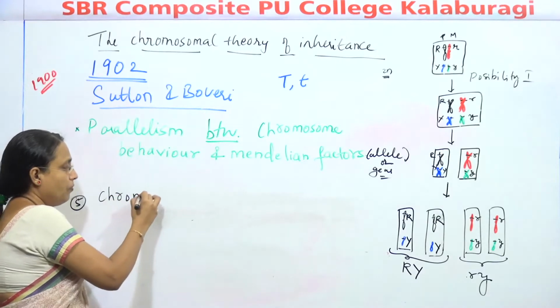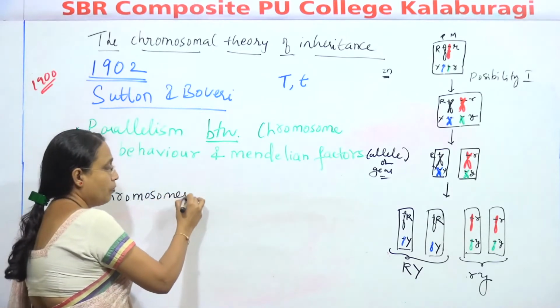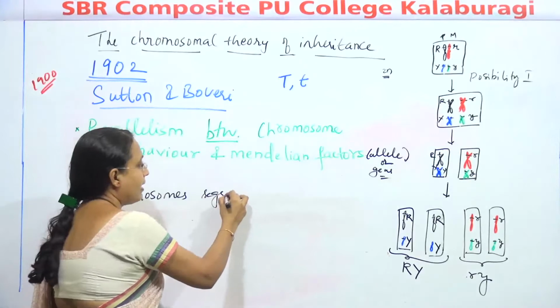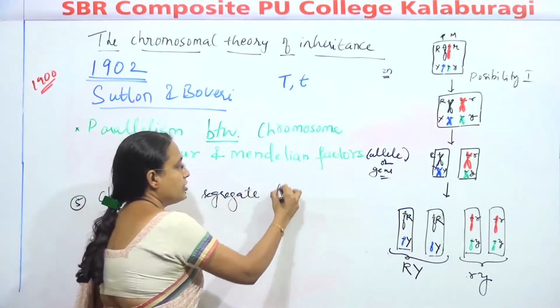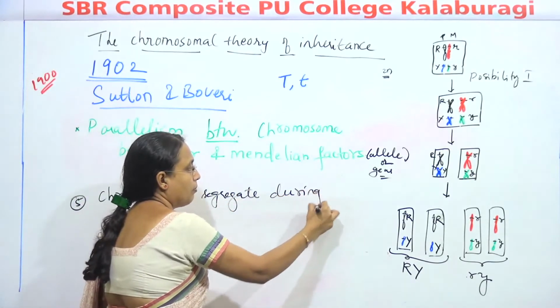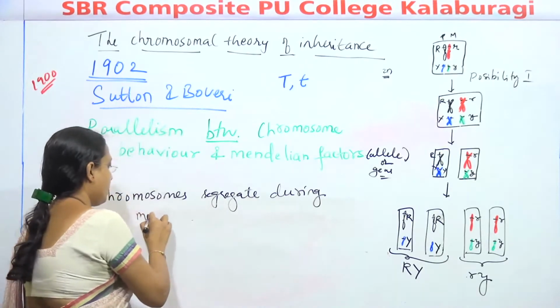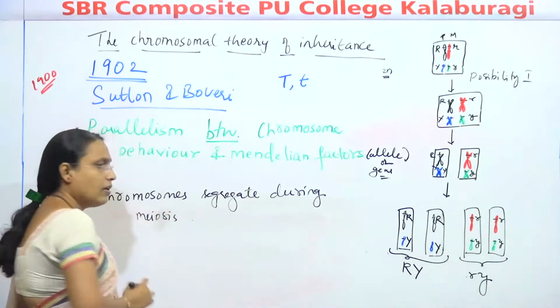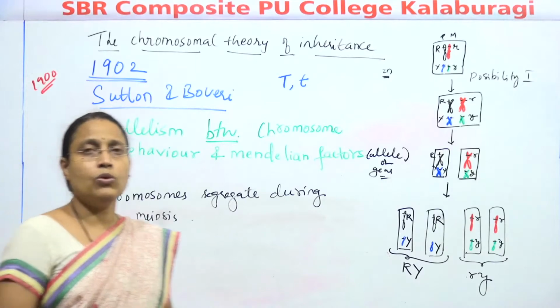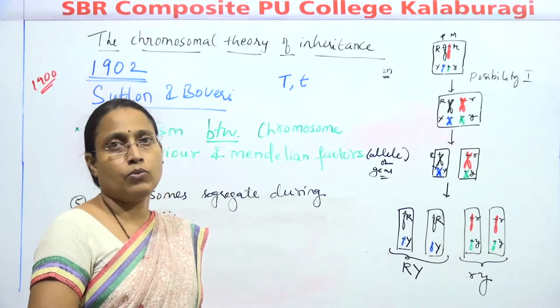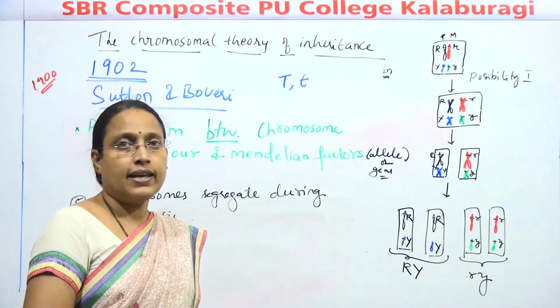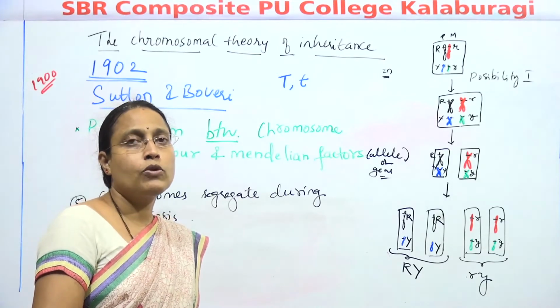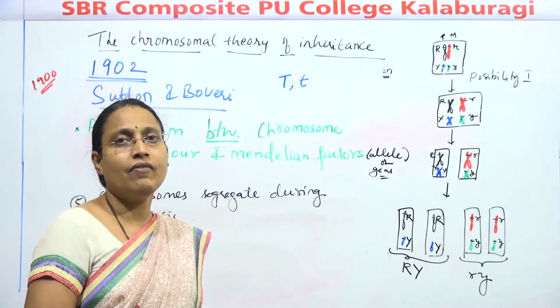Chromosomes segregate during meiosis. So also, even factors move according to the law of segregation. So there is a similarity between chromosomal behavior as well as Mendelian factors.